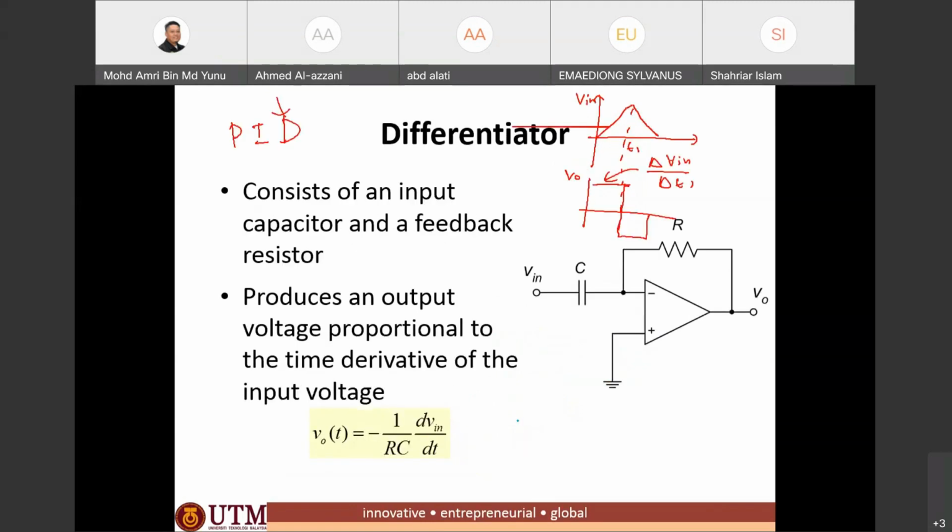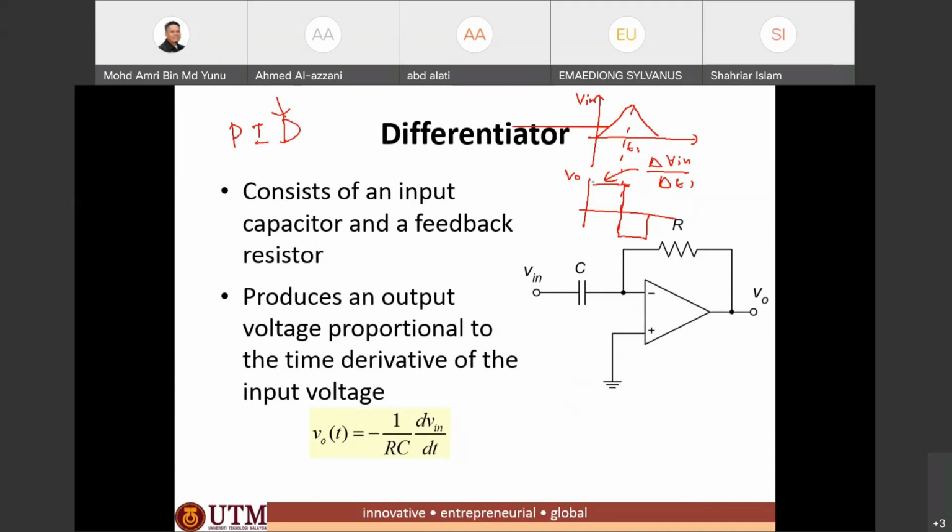And we also have a differentiator circuit, which consists of an input capacitor and a feedback resistor. Let's say you have a triangle input.